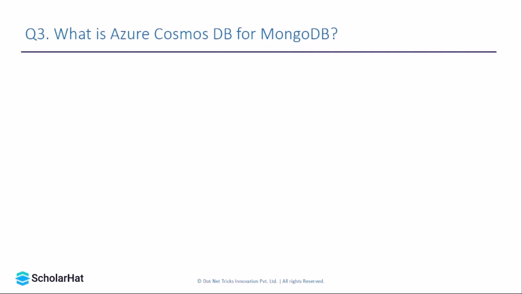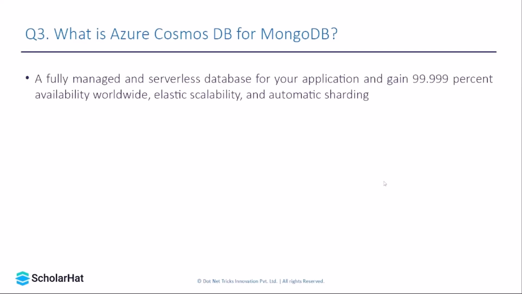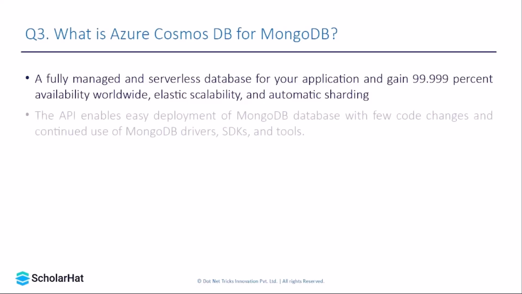Now the next question is, what is Azure Cosmos DB for MongoDB? As you know, MongoDB is again a NoSQL offering, and MongoDB is an independent entity, an independent company. In terms of Azure Cosmos DB, MongoDB is a fully managed and serverless database for applications to gain 99.99% availability worldwide, elastic scalability, and automatic sharding.